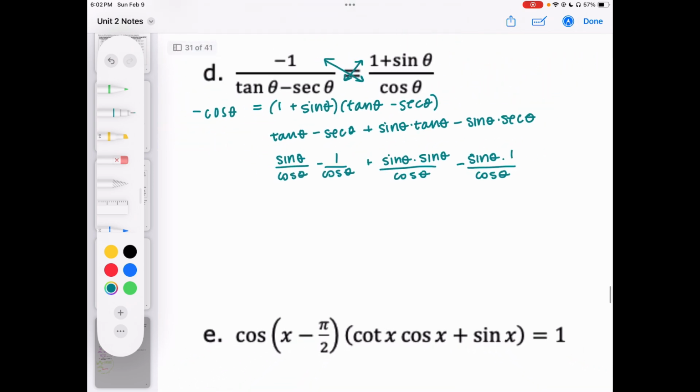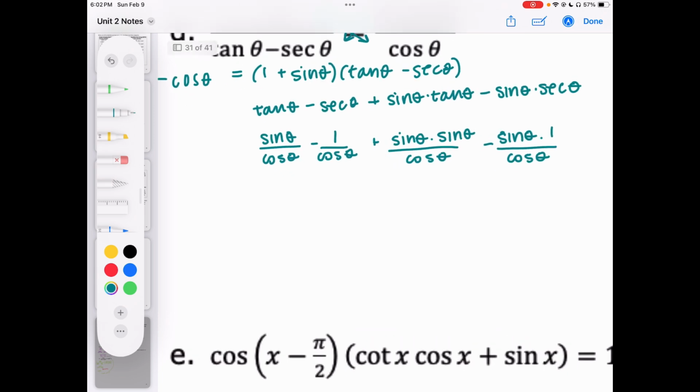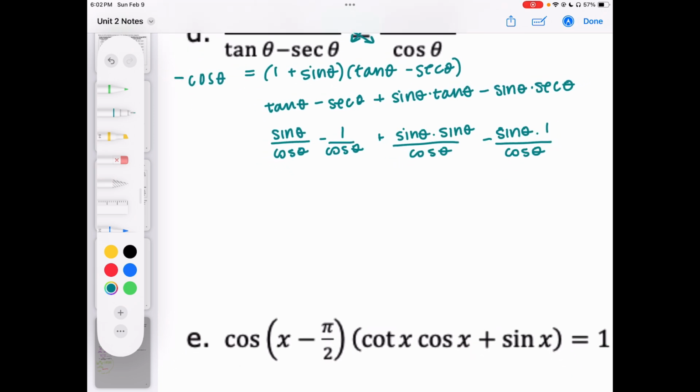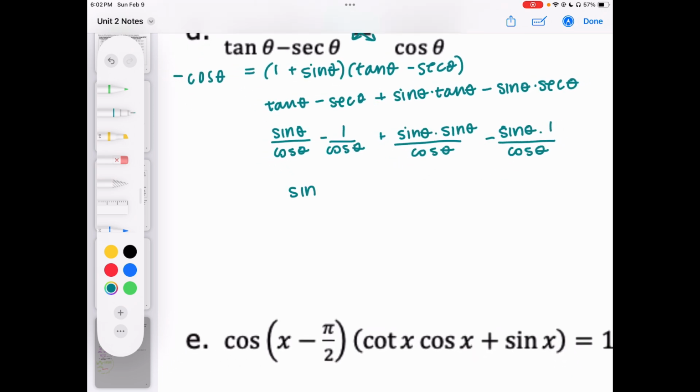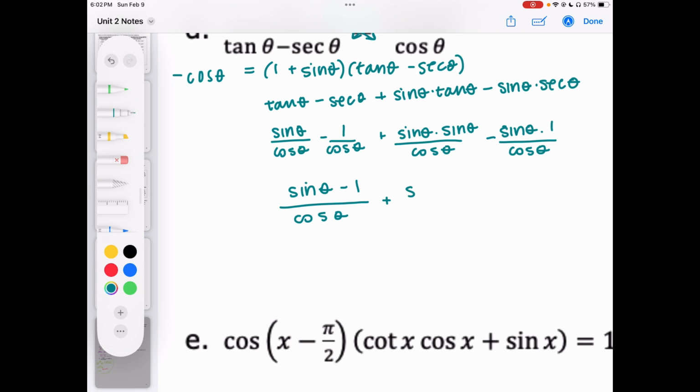Okay, I'm immediately noticing all of these have cosine in the bottom, and there's a lot of sine on top. So let's just keep going. I have sine theta minus 1 over cosine theta plus sine squared theta over cosine theta. And I have sine theta over cosine theta.